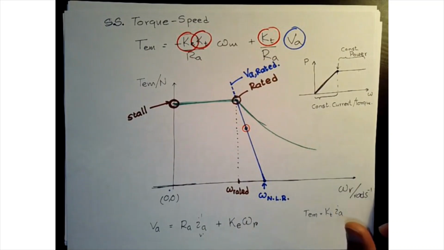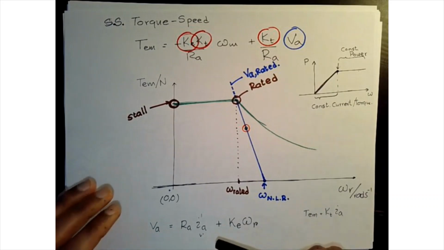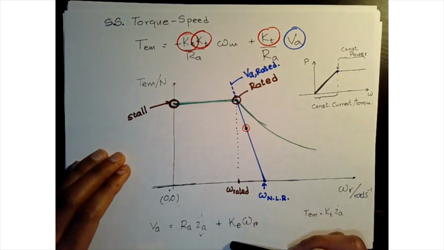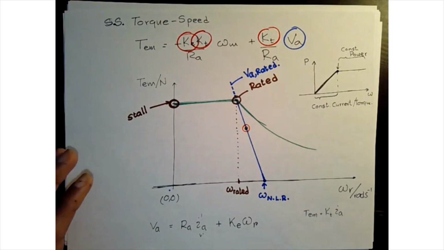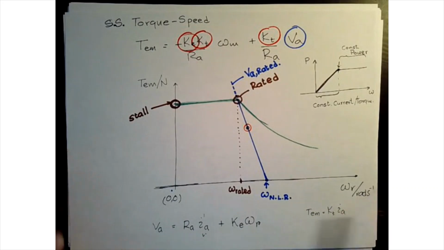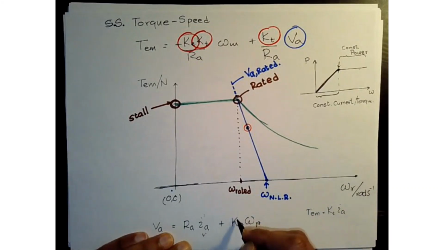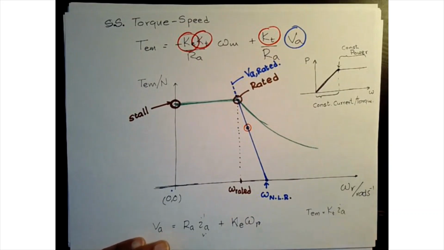Based on this idea of field weakening, if we have another knob to control, that'll be wonderful, right? We can now control another parameter. Exactly. So we can either increase KE or decrease KE. If we have a knob to control that, we can use that to our benefit. So if we decrease KE, let's think of that.